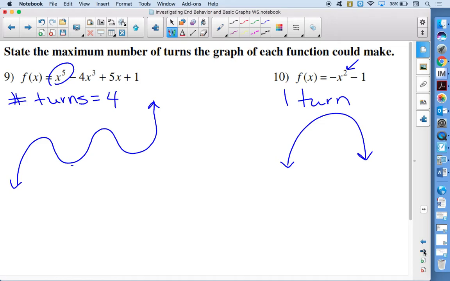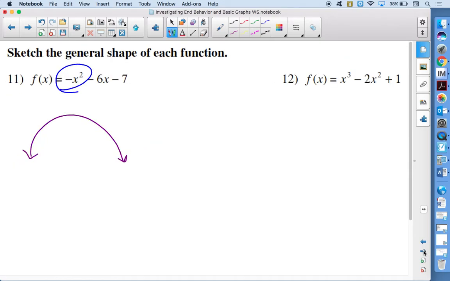And then on the back, you were just asked to make a general sketch. It didn't have to be fancy, but just knowing what's going on with the equation, what the graph should look like. I have the first one here because it's similar to the other one that we just did.